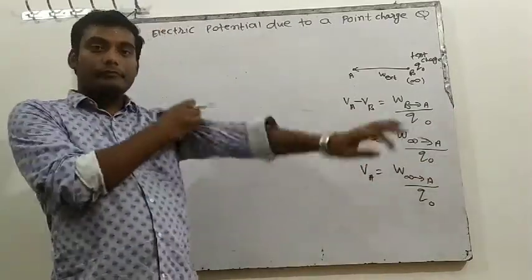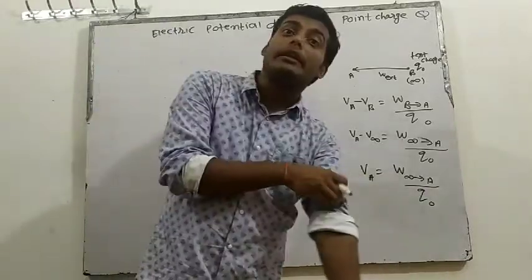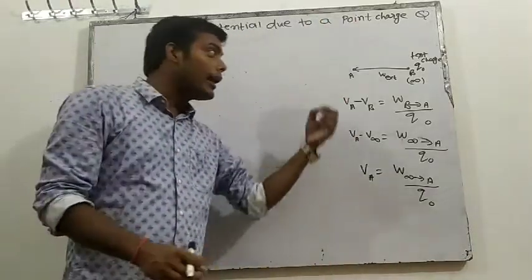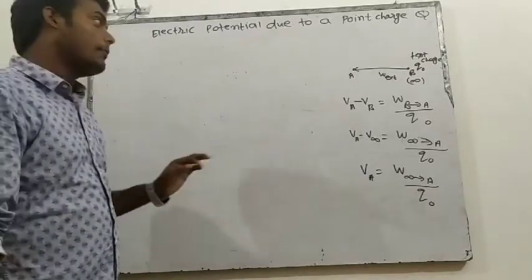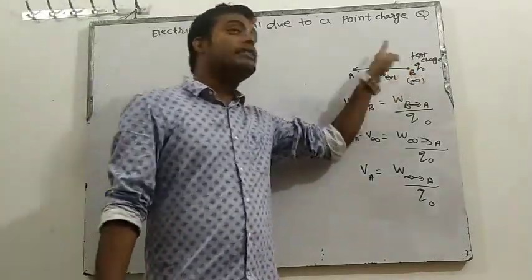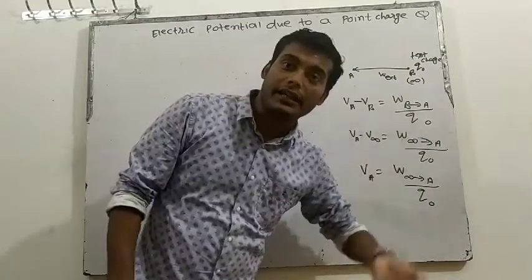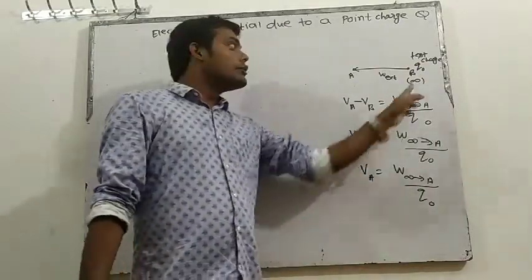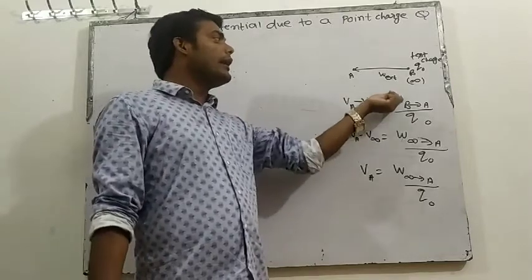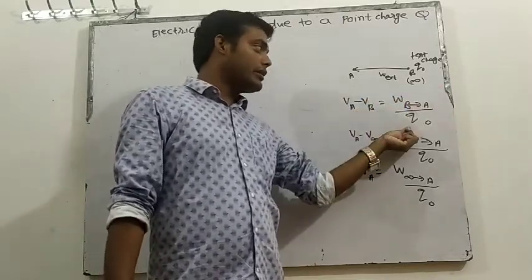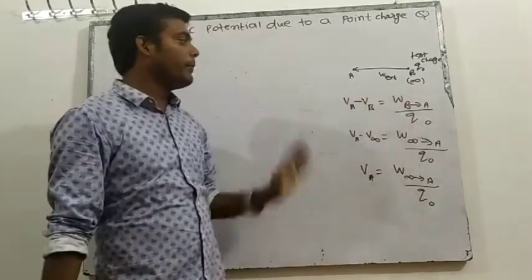That was electric potential. And what was gravitational potential in class 11? Work done in bringing unit mass from infinity to any particular point. So here we are bringing charge, and in gravitation we are bringing mass. Potential is defined as work done in bringing a unit charge from infinity to any particular point.